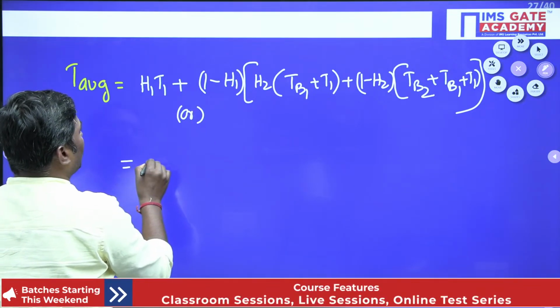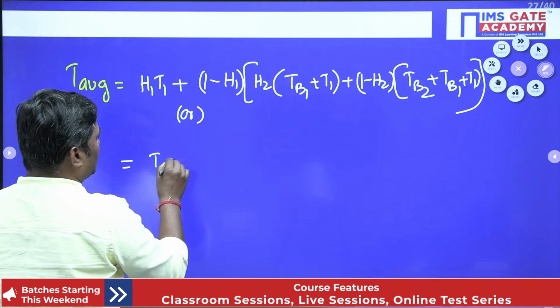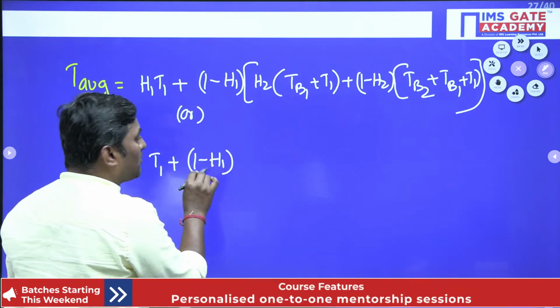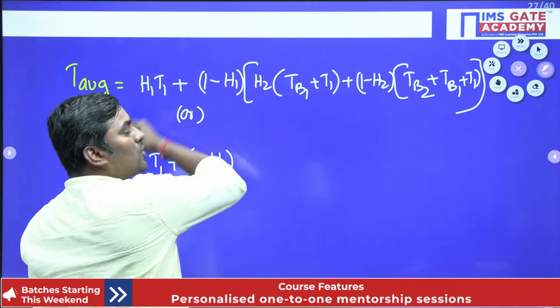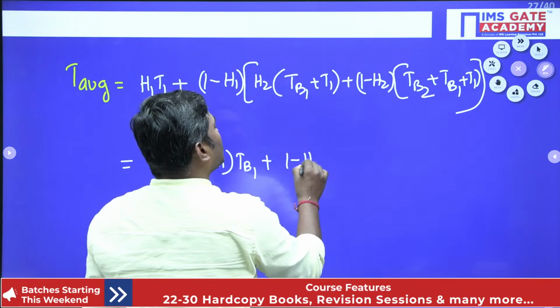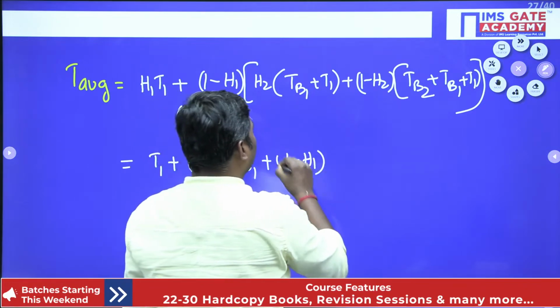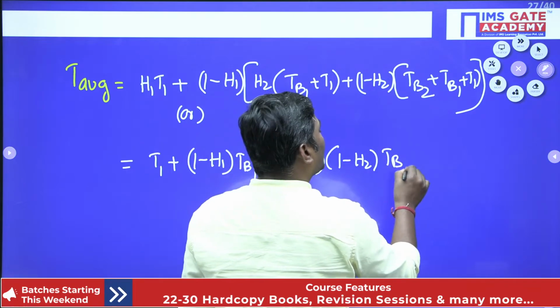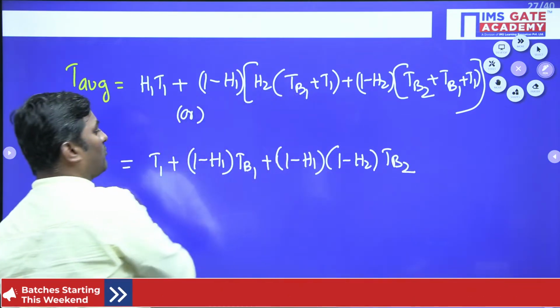So this is T1 plus 1 minus H1. Now when there is a miss in L1, you have to come to L2, that is TB1 coming. When there is a miss in L1, 1 minus H1, and a miss in L2, so TB2 will come, TB1 will be there, T1 will be there.